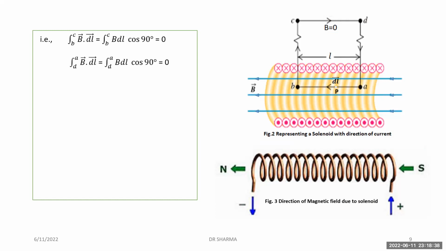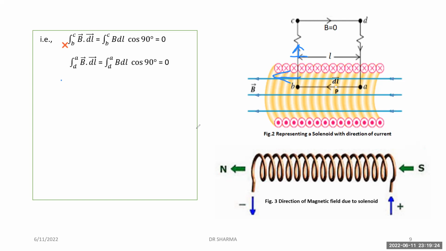The line integration along BC is equal to integral from B to C of B dl, which is equal to B dl cos 90, because the elemental length dl along BC is vertically upward and the direction of magnetic field is towards the left.